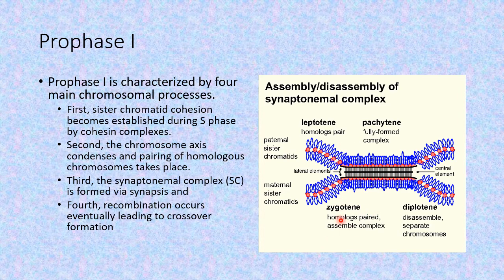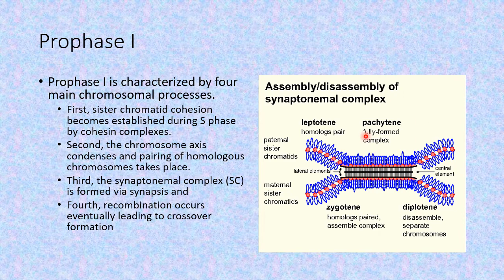In the next stage, that is zygotene, two threads, this pairing of homologous chromosomes is complete, and there is this synaptonemal complex. It establishes itself in the form of a zipper between these two homologous chromosomes.